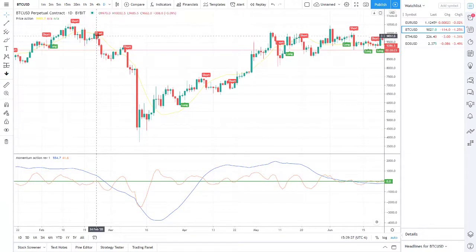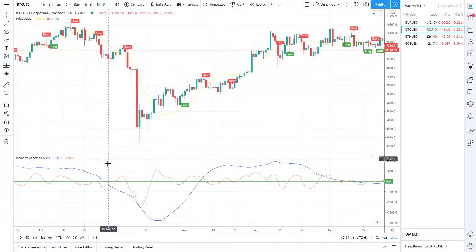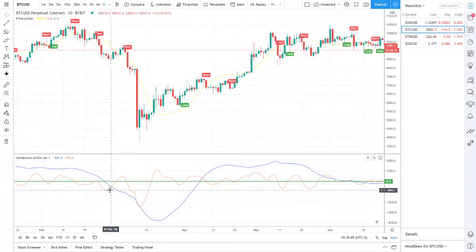So if you enter here, you can exit somewhere in here as soon as you see that the red line indicator is broken up. This means that this is the time for you to exit the position.